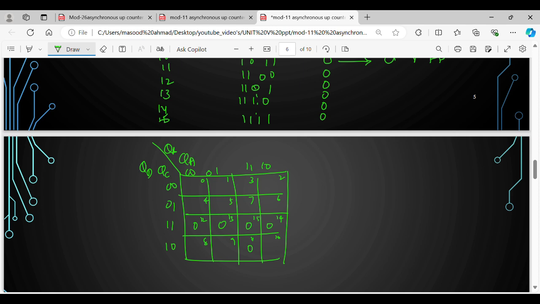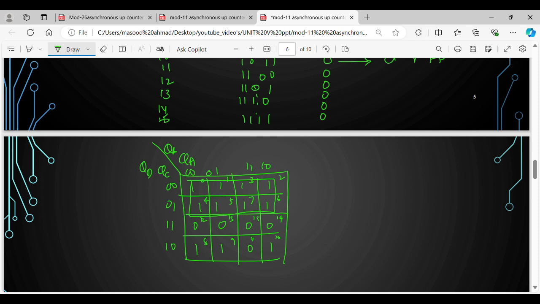For the rest of the cases, that is 0, 1, 2, 3, 4, 5, 6, 7, then 8, 9, 10. So what I can do is take these 8 ones into one combination.